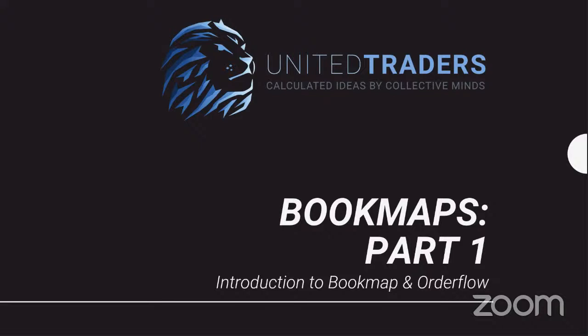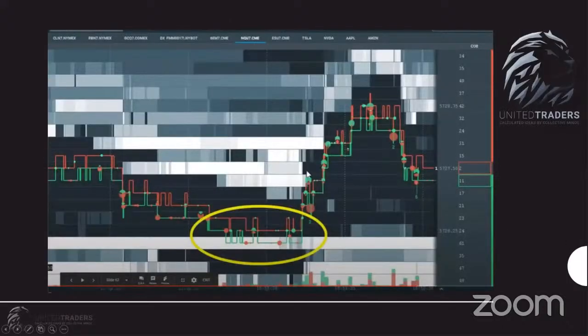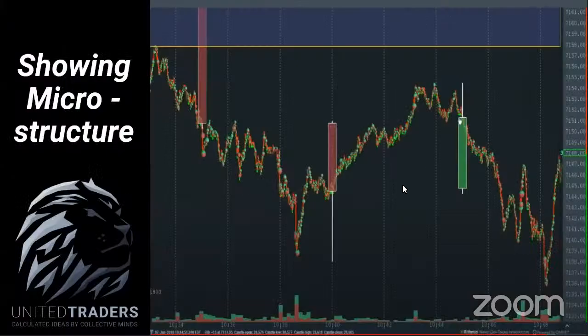There was one example you showed with the 5-second Bookmap and the 5-minute candle. Oh yes, let me go to that. Yeah, let's go back to that one. So you see in the middle the red candlestick with the tail. It looks like a bullish reversal because you have a wick underneath it.